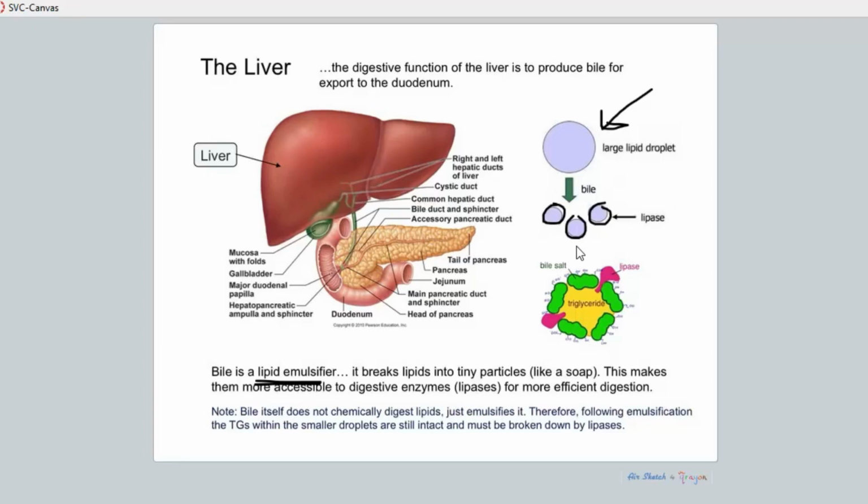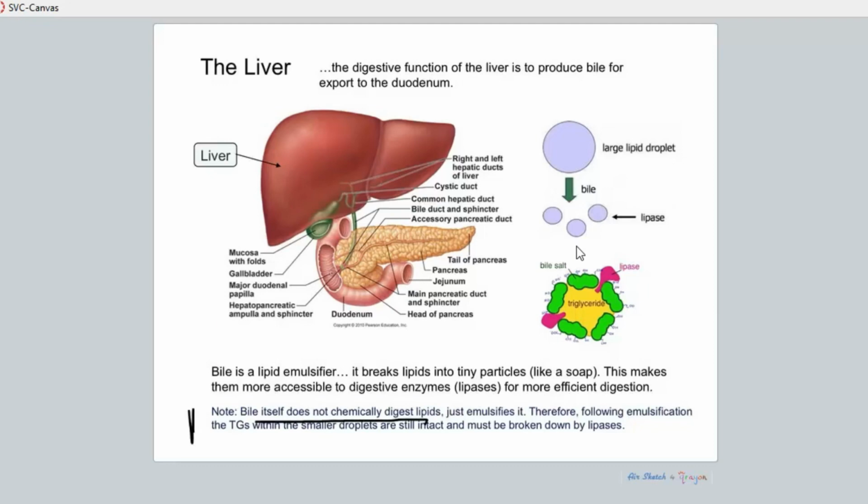Okay? And what I want to point out is that bile itself does not chemically digest lipids.